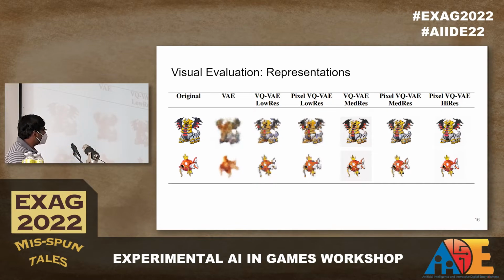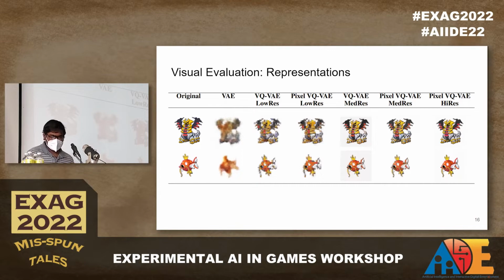And as you can see here in the final column, the Pixel VQ-VAE high-res is pretty similar to the original image. There's very few differences. Whereas if you compare the Pixel VQ-VAE medium res versus the VQ-VAE medium res, you can see that there's something of a background in this image. Now, again, we don't have a high-res version of the VQ-VAE because there are no other layers apart from our enhancements.